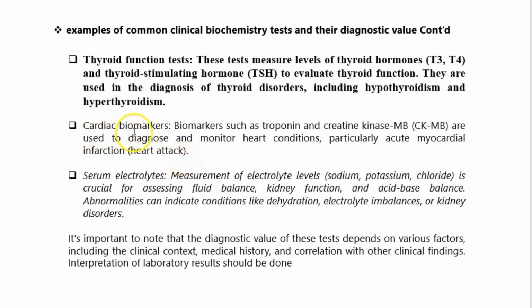So cardiac biomarkers can help us to know the level of some of these biomarkers, troponin and creatinine kinase. And so it is an important indication of acute myocardial infarction, which refers to what? Heart attack.